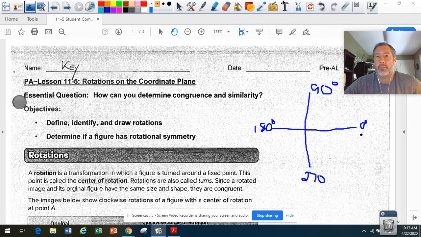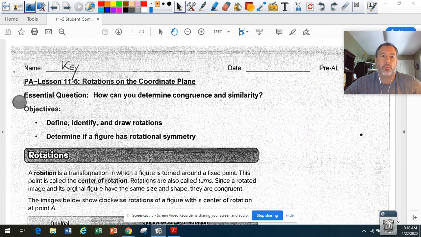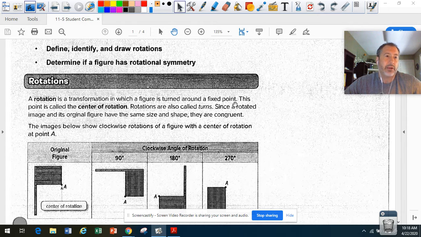Okay, so let's talk about rotations now. Let's see what a rotation is. It says a rotation is a transformation. Now remember, we had slides, we had flips, we had all that type of stuff the other day. So a rotation is a transformation in which a figure is turned around a fixed point. Okay, that point is known as our center of rotation.